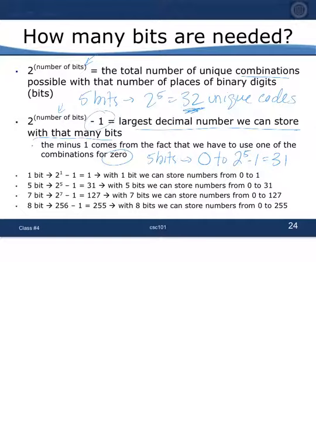Hopefully this makes sense, right? So 5 bits gets you all the numbers 0 to 31, and there are 32 numbers in that range. And so the next place value, right?